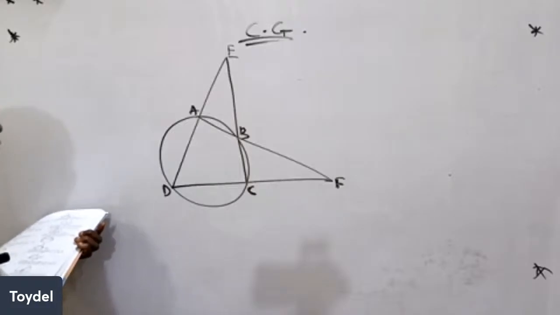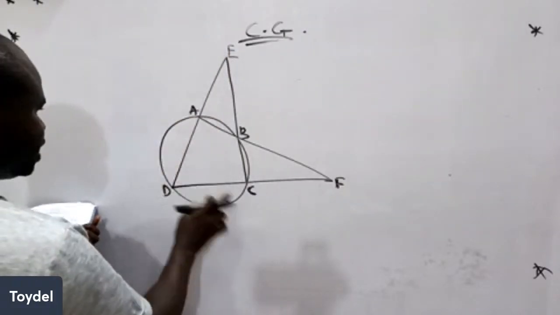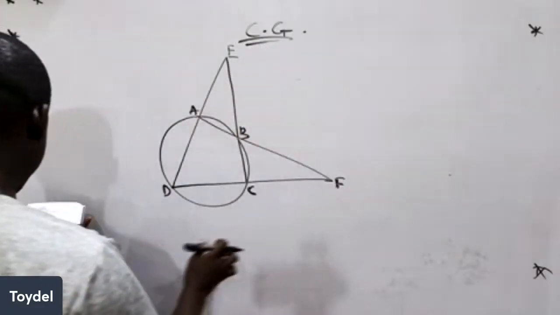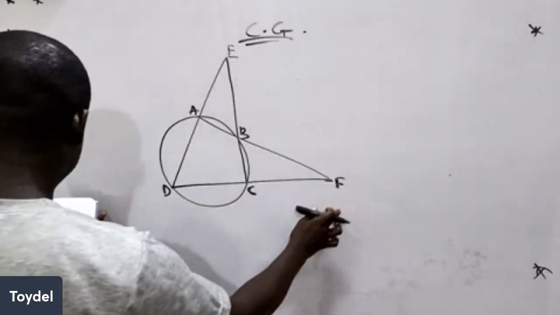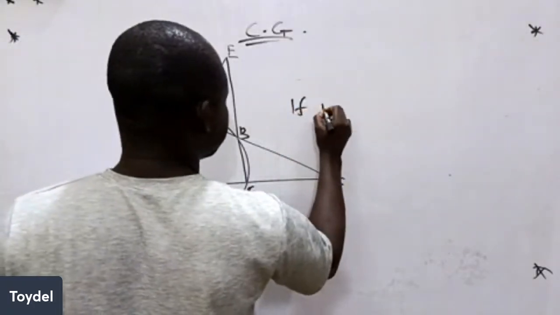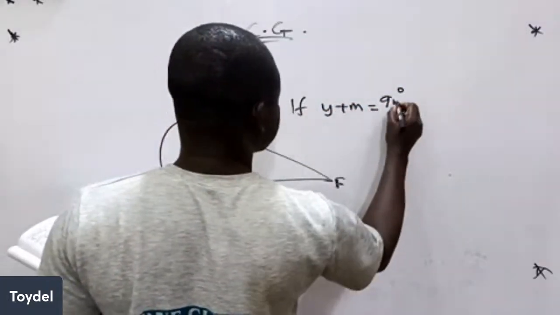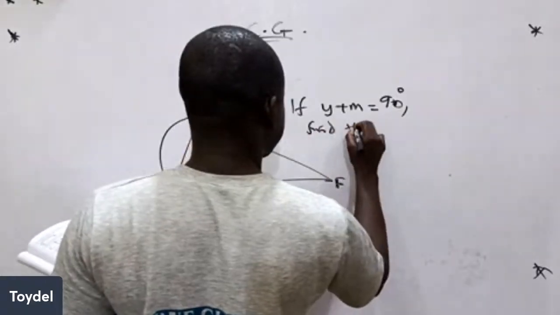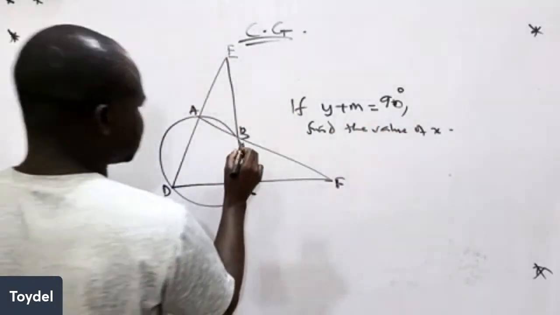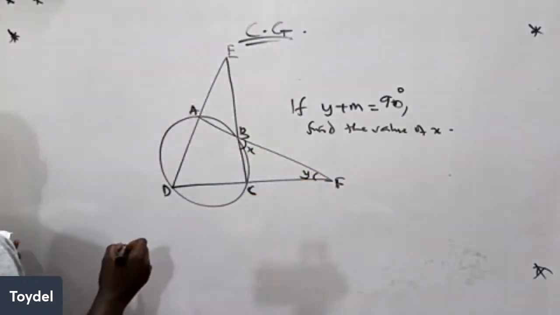Then DAE, CBE, ABF, and DCF are straight lines. The question says if y plus m is equal to 90 degrees, find the value of x. So this place is called x, and here is y. That's what we are given in the question.